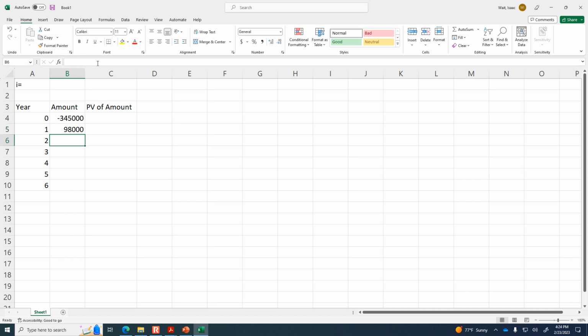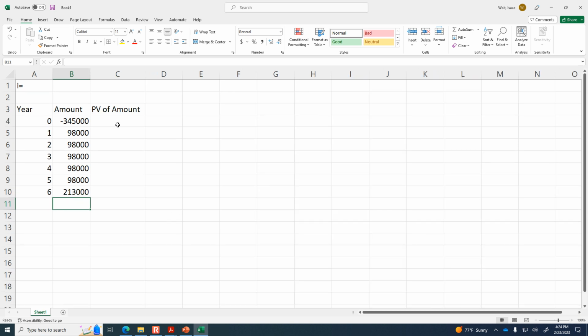That's more like it. Yeah, so $98,000 in net each year. But then in the 6th year, there's also the revenue of $115,000 from the sale of the equipment. So those are the amounts.